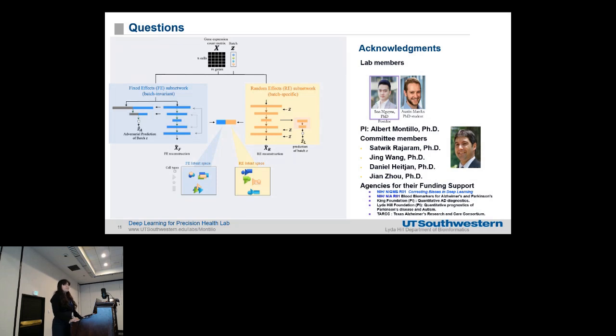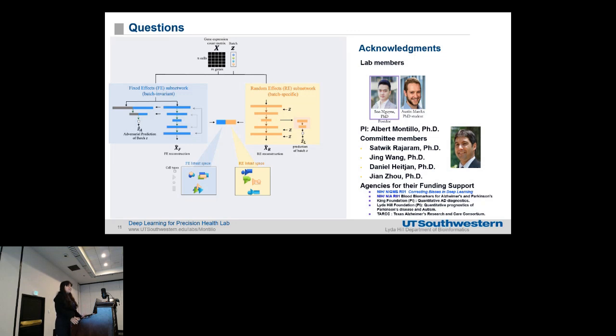Yes, so I guess that some of the challenges is removing too much batch information. That's the overall challenge that we are trying to target. And then we have this random effects subnetwork that instead of just removing the batch information, models it because we believe that it is useful.